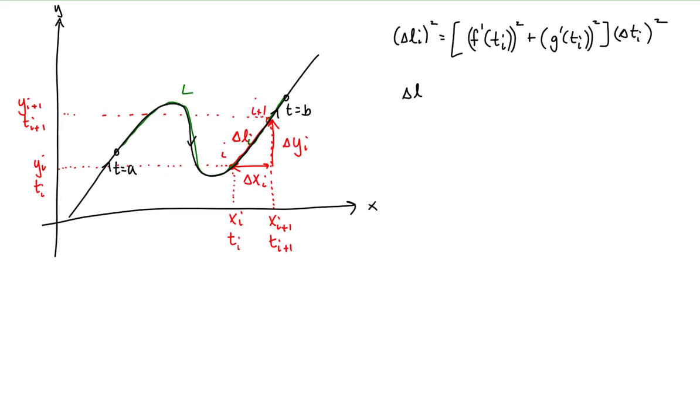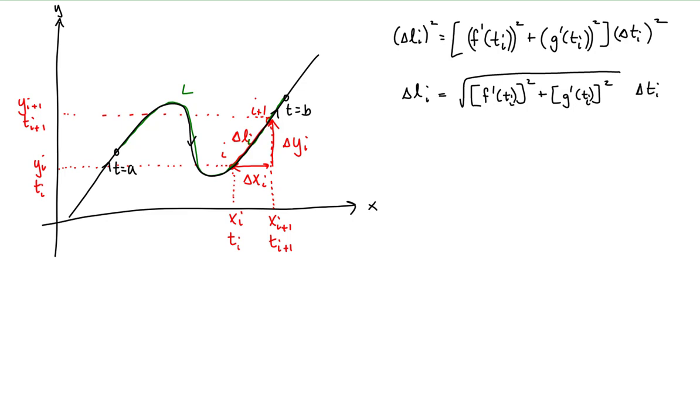This means that the length of our line segment, delta L at i, is equal to the square root of the sum of the squares of the derivatives of our parameterized functions f and g, representing x and y respectively, with a delta t at i outside of the integral.